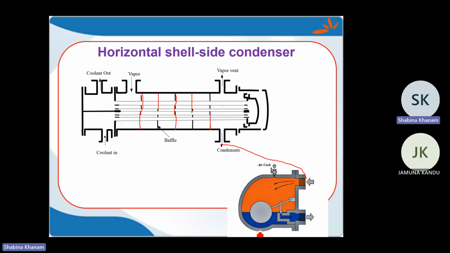The point is, because the balloon and the whole assembly are so light in weight, when liquid accumulates at the bottom, it will float the balloon. Because of that upward movement of the balloon, this gate opens up, and as this gate opens, the condensate will exit from here.